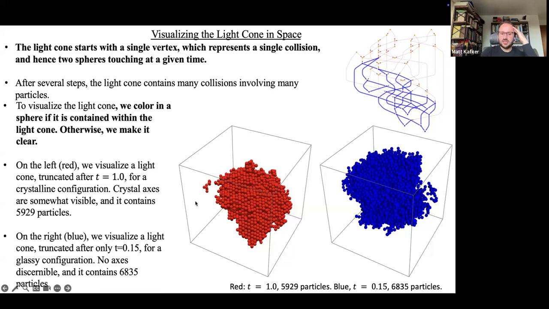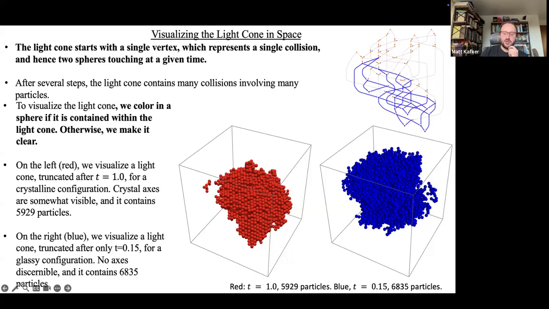So this is interesting because, to zeroth order, these light cones correspond to spherically expanding fronts inside the gas, where you start with just a pair of particles that are highlighted. As time goes on, you add more to this little structure, and it grows roughly spherically. Obviously, there's texture to these things, but it's basically spherical. But in the glassy phase, this grows much, much quicker than in the crystalline phase.